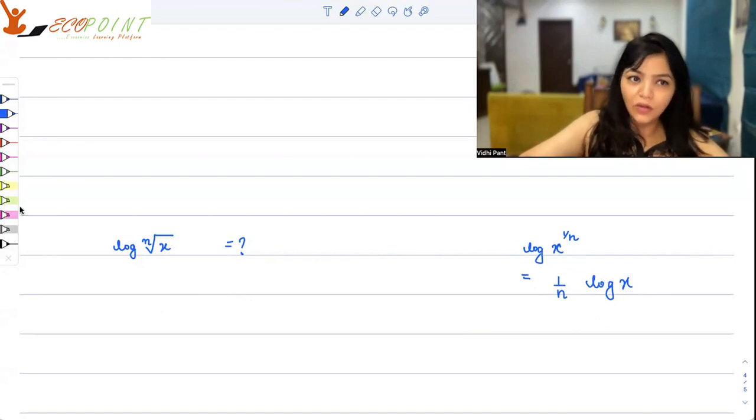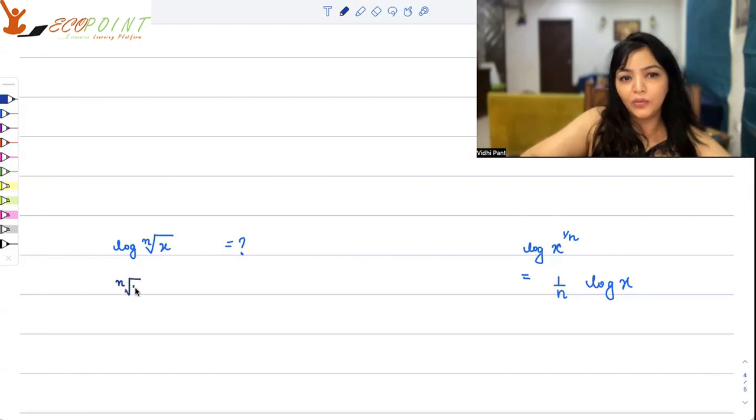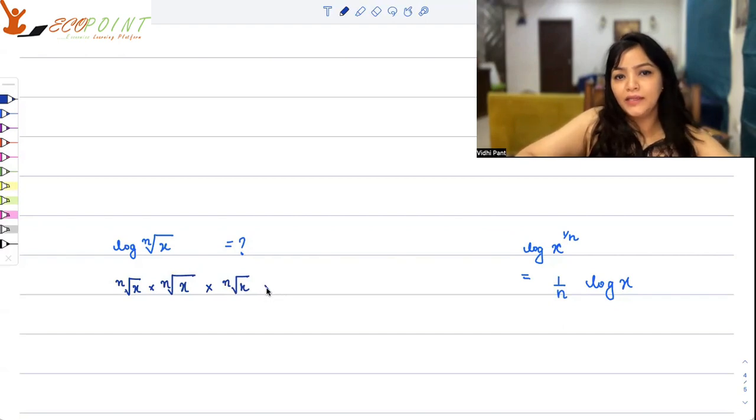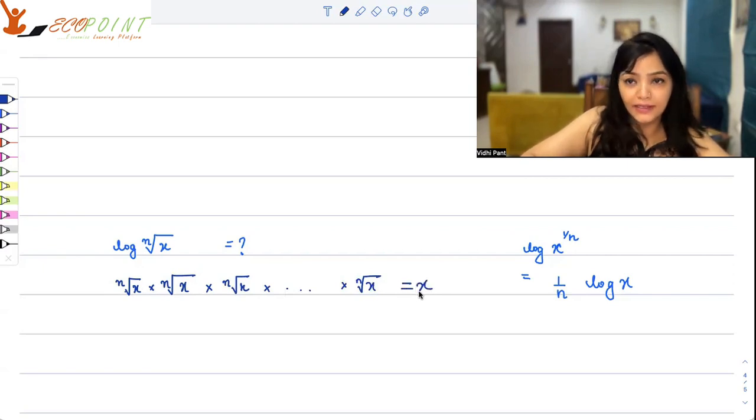Now, there's a logic behind it because, see, if I multiply nth root of x by itself n number of times, I'm going to achieve x, right? Now, by the rule that we have done before, you're doing it n number of times.